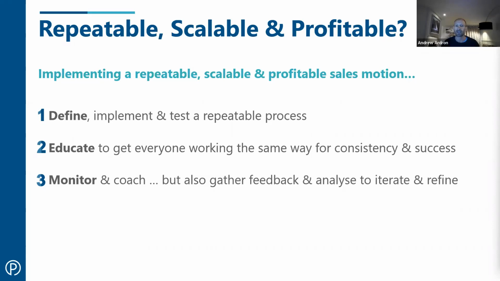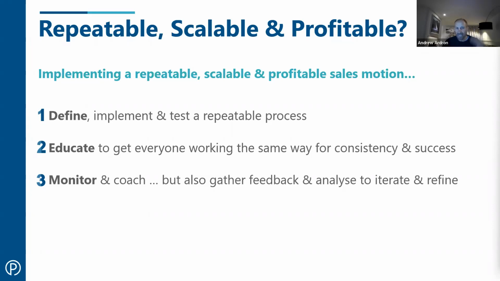And I think my golden tip is not to spend too long trying to define a perfect process in the first place, because you never will. You will only find the perfect process by trying it and by monitoring it and getting feedback from your sales team. So just define something, educate everybody on what that is, get everybody to commit to giving it a go, even if they don't like it, and promise them that you'll then take the feedback and then go around the cycle improving it as a team.